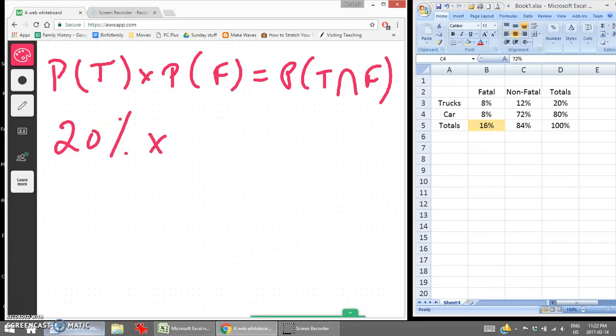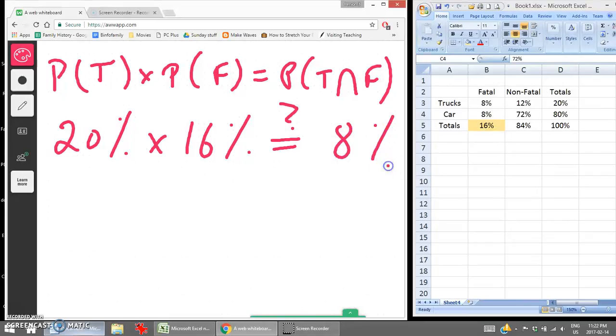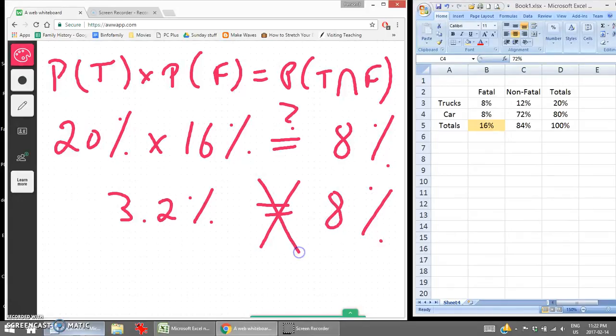Being involved in a fatality is 16%. And the big question is, do those two multiplied equal the probability of being in a truck and a fatality, which is 8%? 20% times 16% equals 3.2%. Does that equal 8%? It does not.